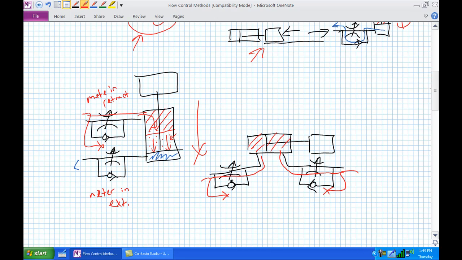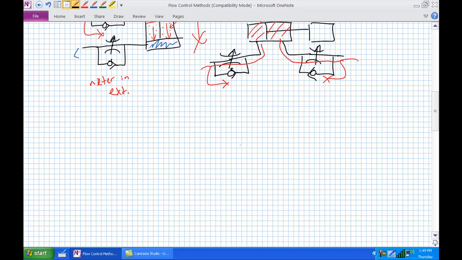Here's a bad application in a push and pull. What would happen if this was, I'm drawing this thing comically long here, kind of a teeter-totter application?